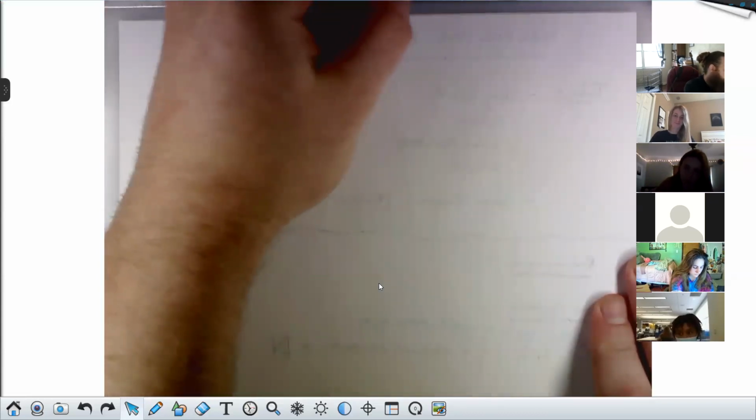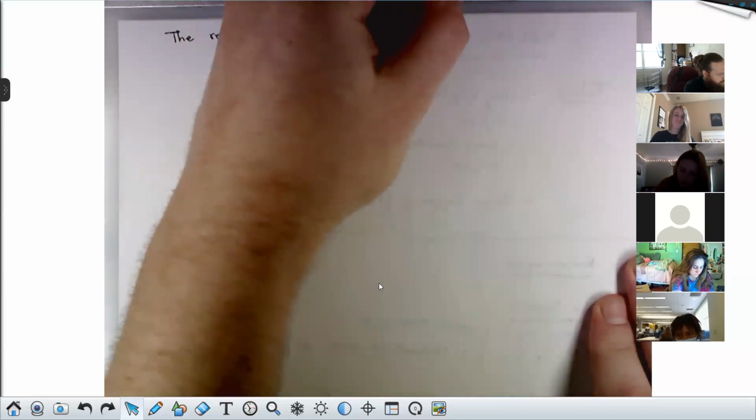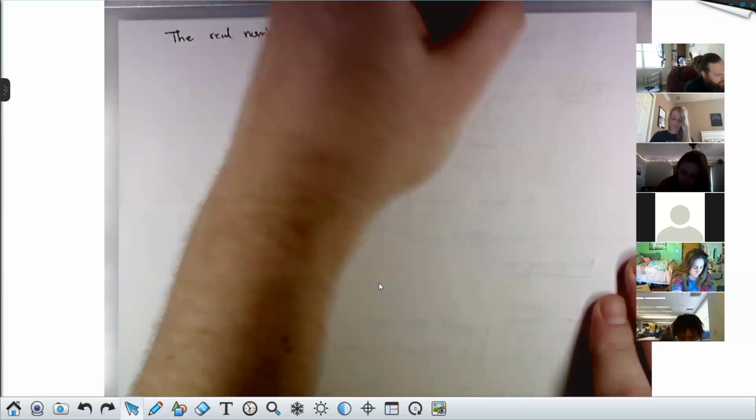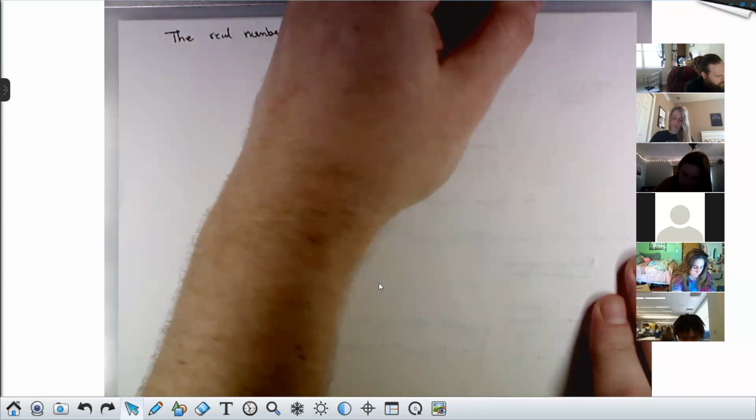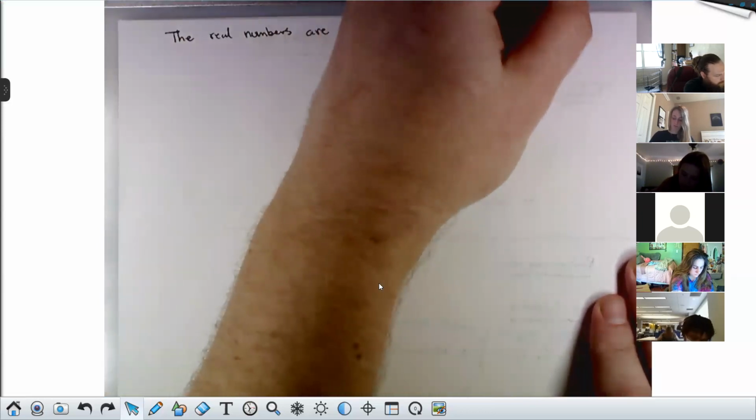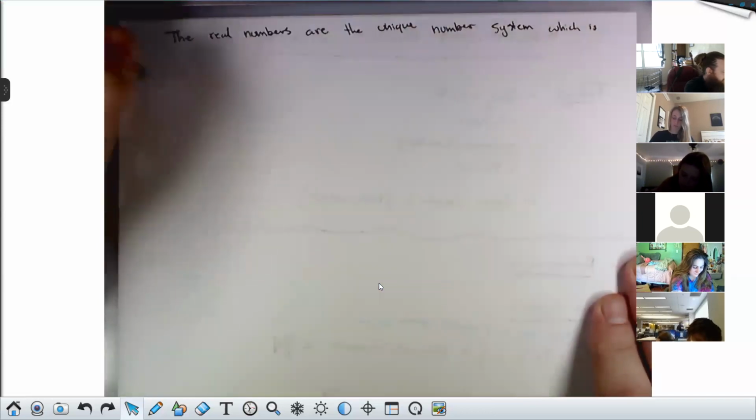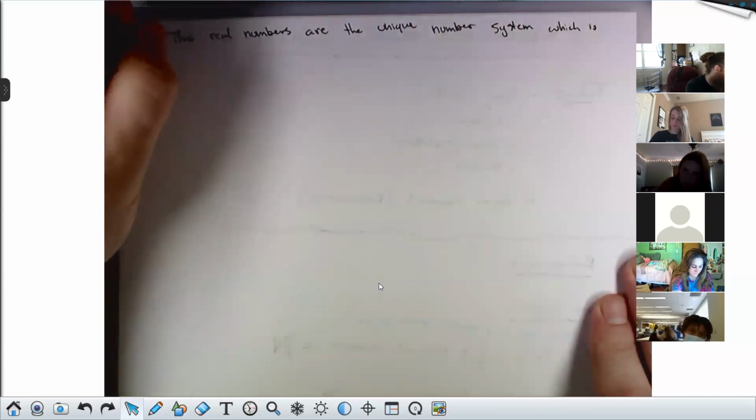So the real numbers are the unique number system which is first totally ordered.